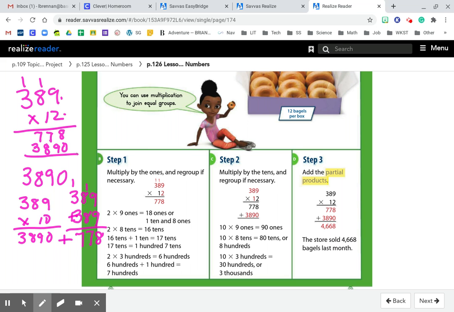And I know I'm saying 10 times 3 is 3,000. And I know that's right because in place value, that is in the 3,000s. So now let's see what I have down here. 3890 plus 778.